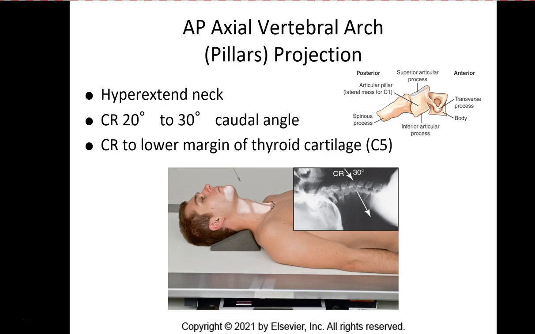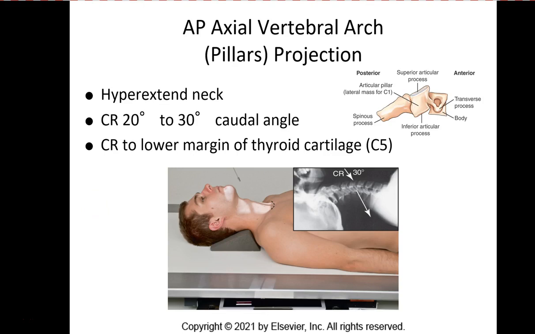That is also an AP axial. In a routine AP C-spine, remember we use a cephalic tube angle. This projection is almost identical except you use a caudal tube angle. And we're going to use a little bit more, 20 to 30, rather than the 15 to 20 that we use for the AP of the routine C-spine.